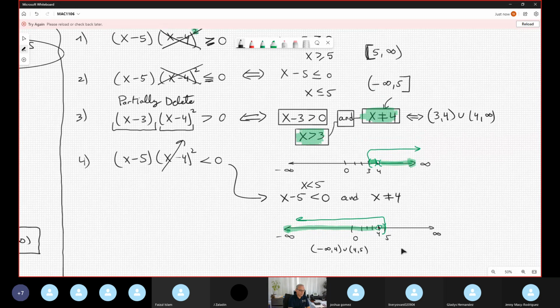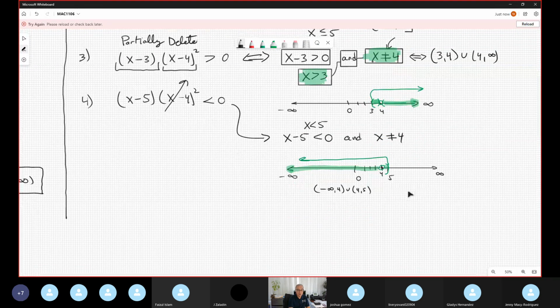We have several more, but another important special case is, for example, suppose you have x squared plus 4 times x minus 5 less than 0.